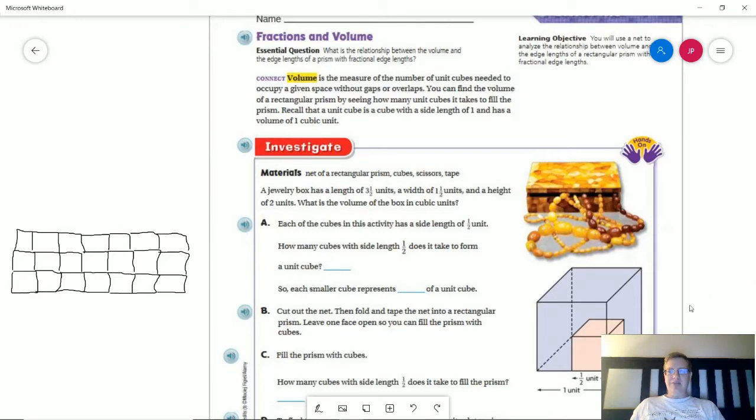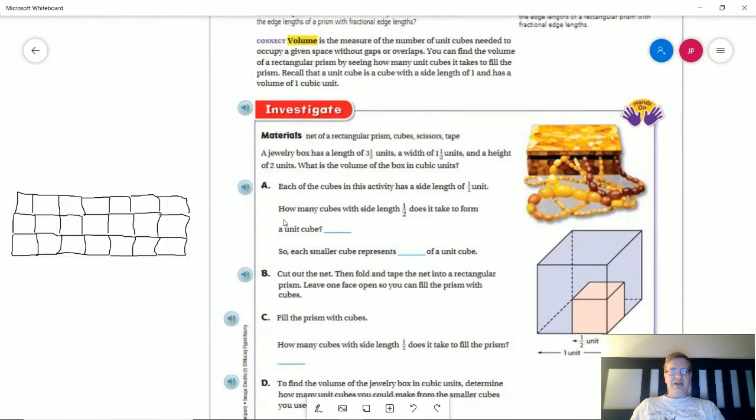I'm not able to do the full net thing, so I'm going to explain what's going on with the way that I've drawn it over here. So we have 3.5 units long, 1.5 units wide, and a height of 2 units. If you look at a picture in the book, each block that we're using is going to be 1/2 of a unit.